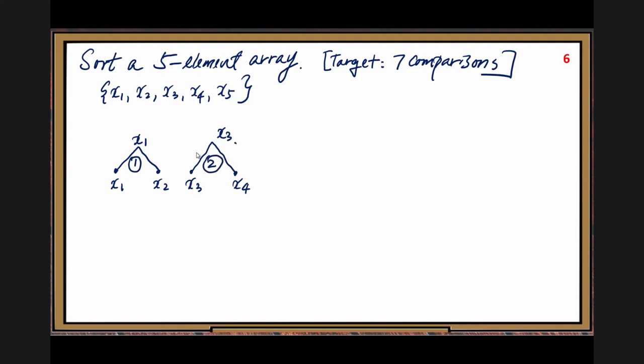Then, third comparison, x3, x1, we do one comparison and assume x1 is the winner. So the first three comparisons, we do not touch x5.